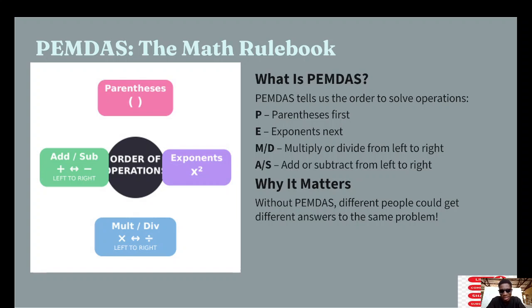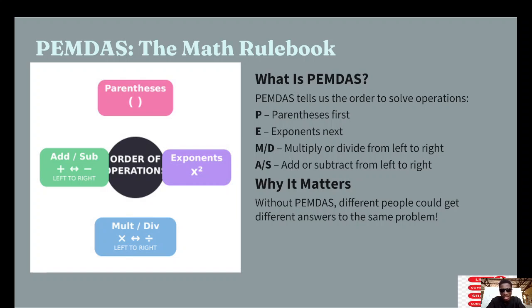In case there is no parenthesis, we move to the next point, that is the exponent. In case there is no exponent, or there is and you are done working on it, then you move on to the third one, which is multiplication or division. And remember, we always move from left to right.